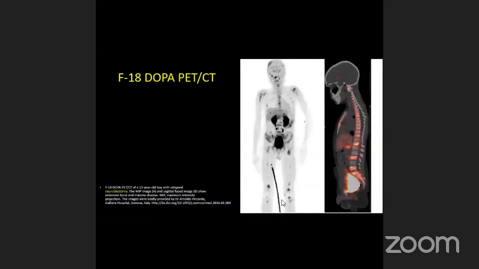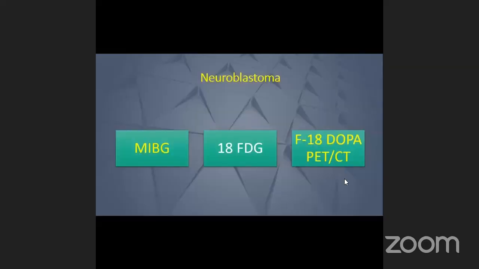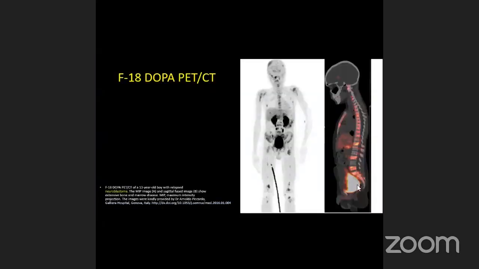And there is another tracer that is also used, and now they have some research about this: F18 DOPA PET-CT. It has very nice outcomes regarding the diagnostic ability of this tracer. You can see that in this case this tracer can detect many of those lesions in neuroblastoma, especially the relapsing type, as you can see.